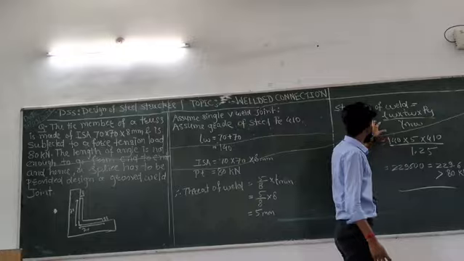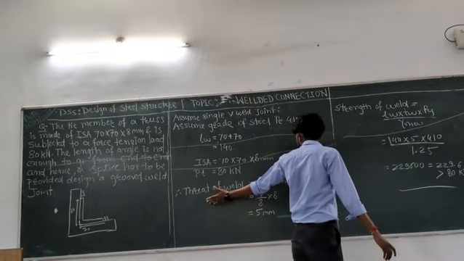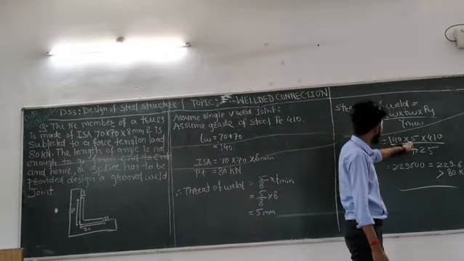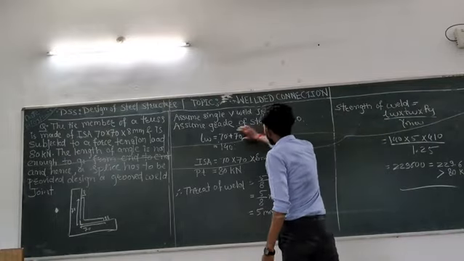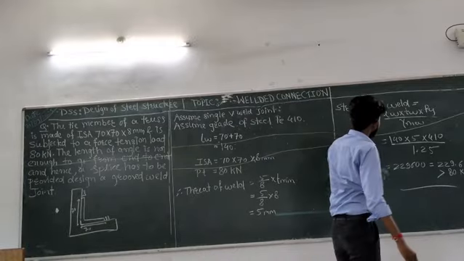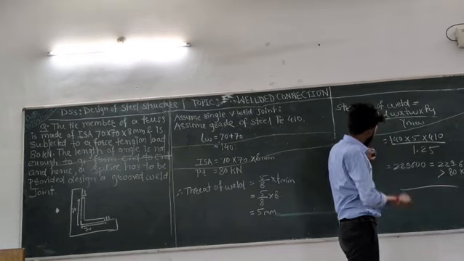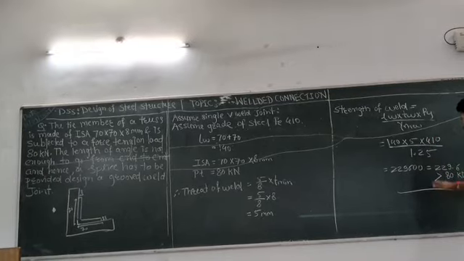Tw is nothing but the throat of the weld, which we have just solved, and the value is 5, into fu. Fu is also nothing but the grade of the steel that we have assumed here, 410, divided by gamma mw. Gamma mw's value is given in the IS code, that is 1.25.